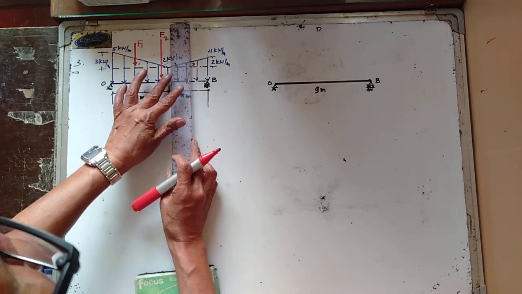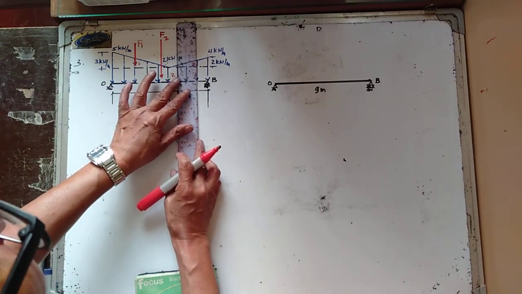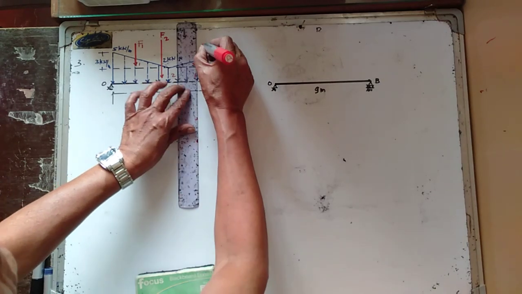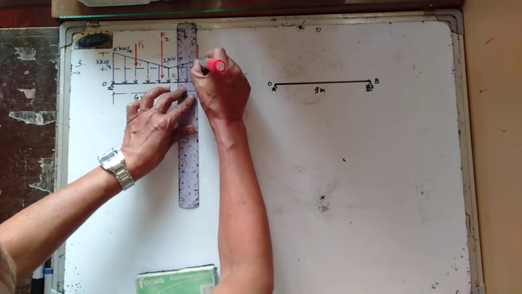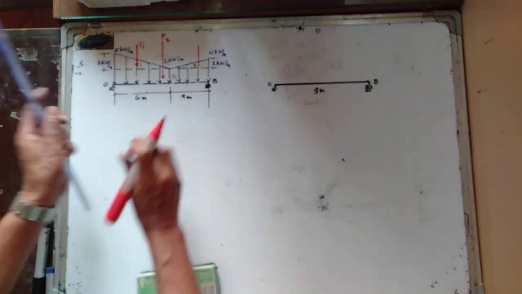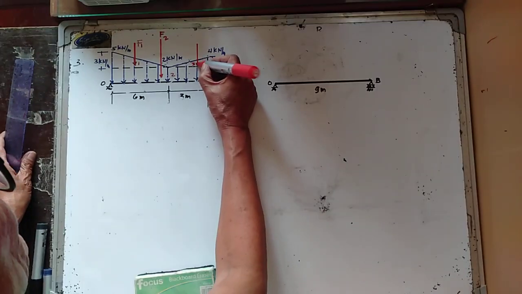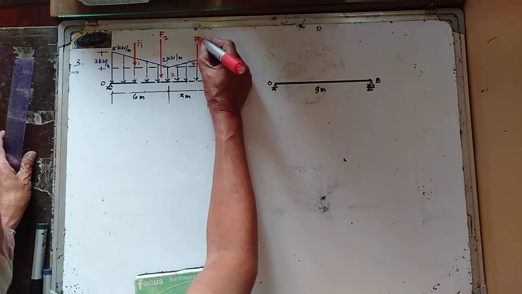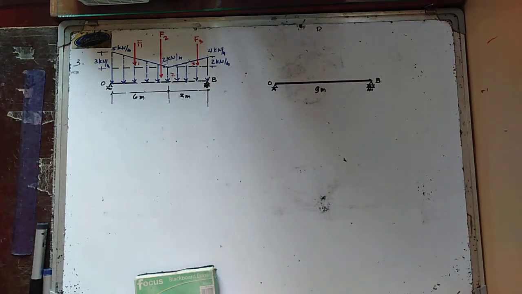And we now have the equivalent resultant force of the third area. That is now your F3.